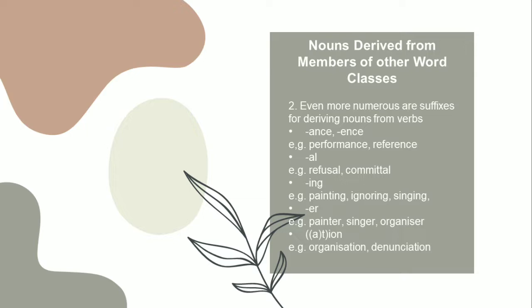Then the suffix -er, for example, the words painter, singer, organizer, and the suffix -ation in the words demonstration, commission, organization, and the last is -ment, in the words announcement, commitment, and development.